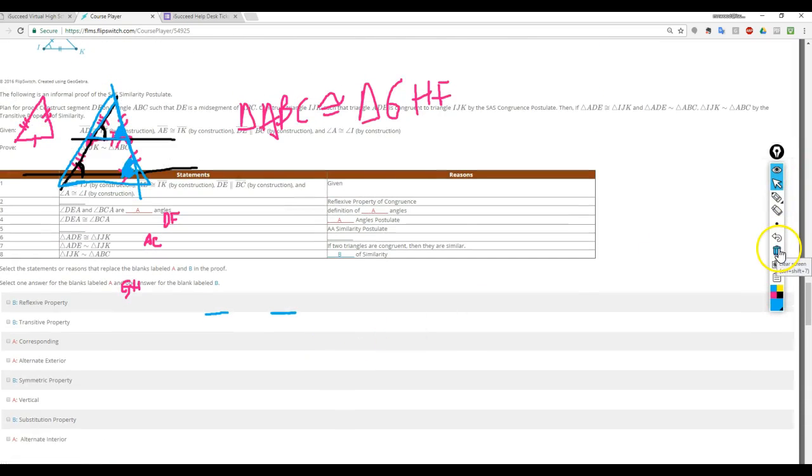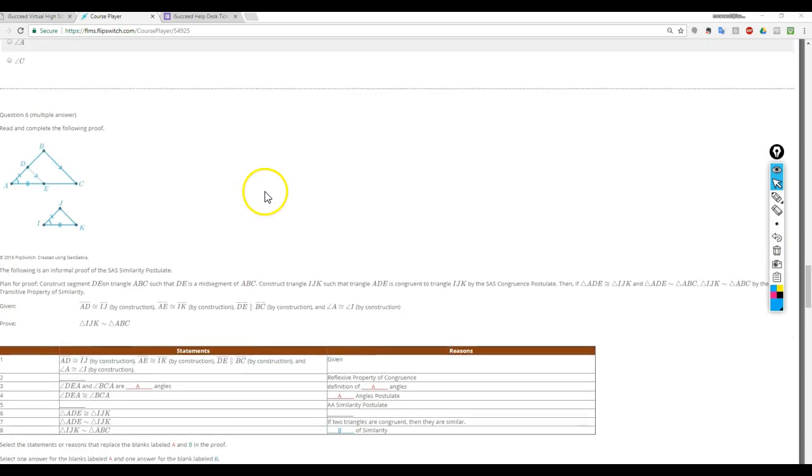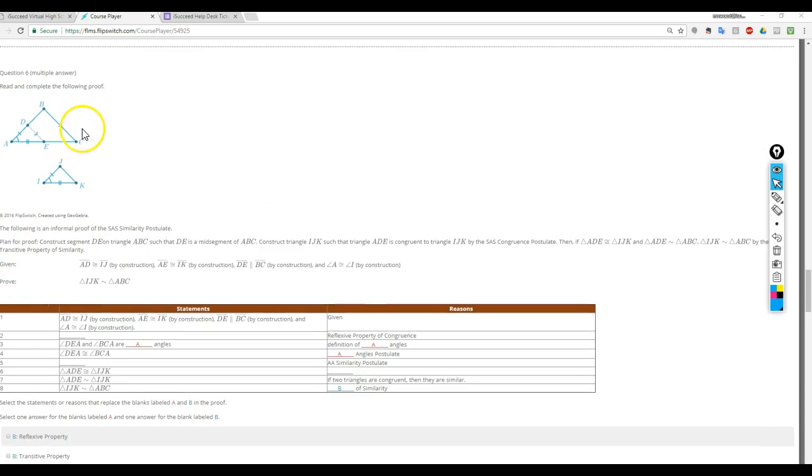we have a different type of proof for question 6. So read and complete the following proof. The following is an informal proof of the side-angle-side similarity postulate. Plan for the proof. Construct segment DE on triangle ABC such that DE is the midsegment of ABC. That means that B to D is also congruent to DA, and EC is congruent to EA.